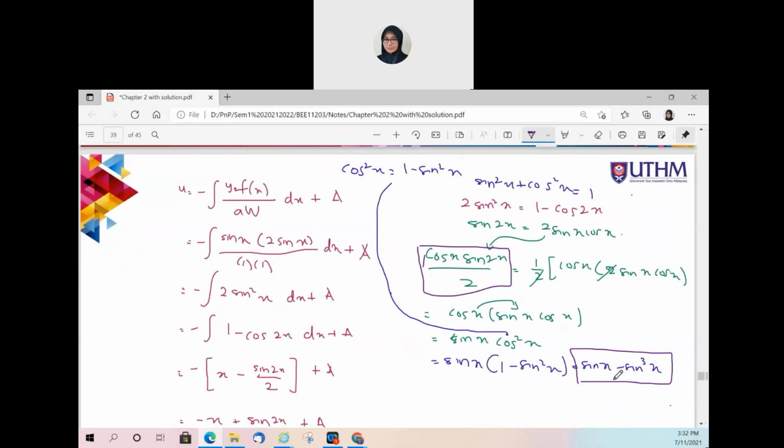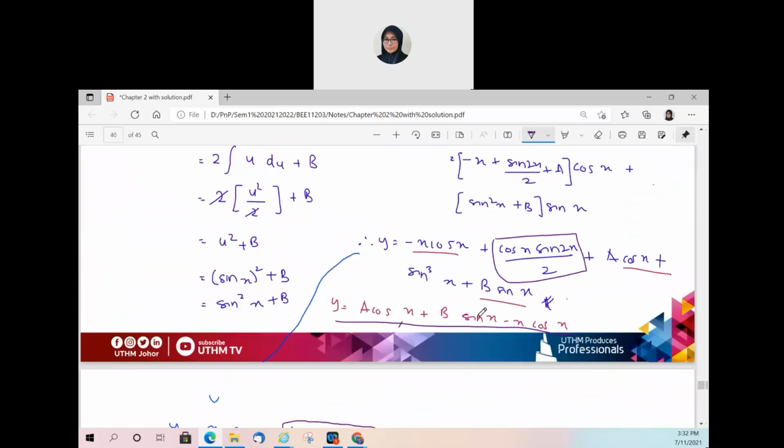Okay, then you gantikan cos x sin 2x over 2 dengan yang gini. So you masukkan ini kat dalam equation.